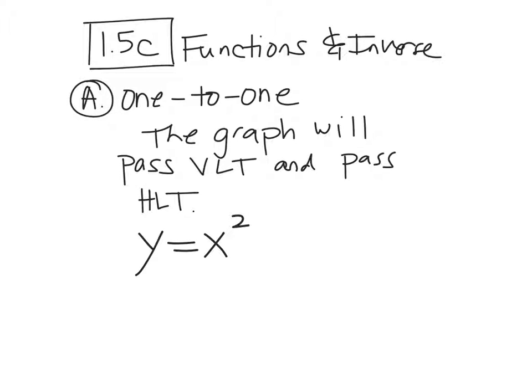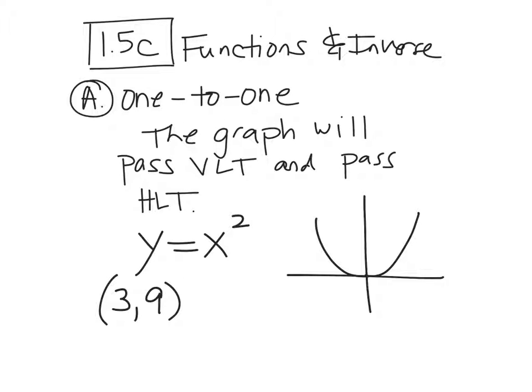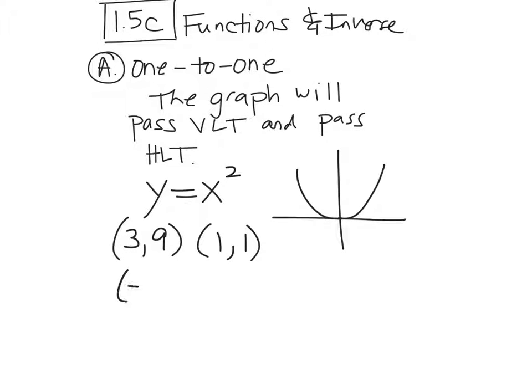So you know how a basic parabola is a function, right? Every element in X, when you plug in 3, you get 9. When you plug in 1, you get 1. You plug in -3, you get 9. Now to be a function, you plug in a number and only one number comes out.